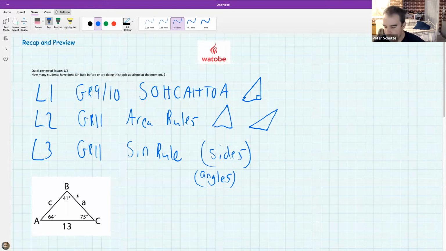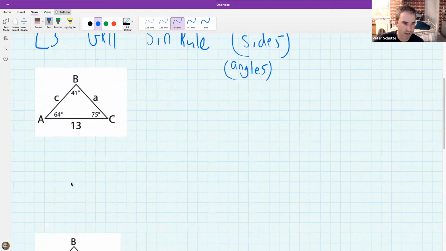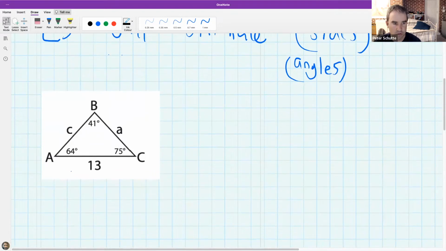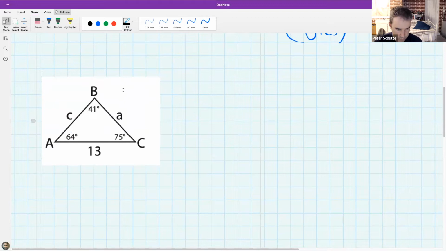Okay, cool. So the sine rule is a tool in our toolkit that we use, and it's useful because it works for all types of triangles. I'm going to do an example with you to start the lesson today. If you look at this triangle, you'll notice that it doesn't have a right angle.